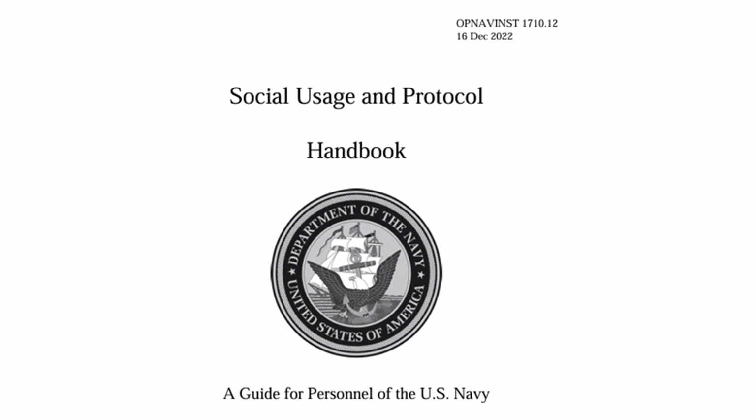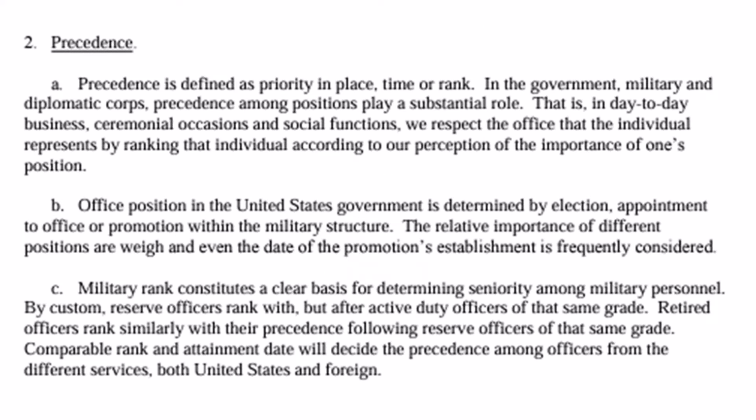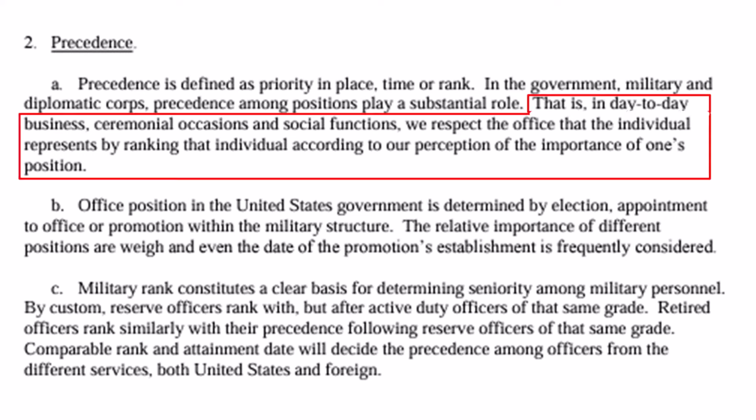Now, like I said, this guide is really useful, and one of the nice things it does is it talks about the rationale behind these precedences. And one of the key points here is that in day-to-day business and ceremonial occasions, it is the office that we pay respect to by ranking the individual according to our perceived importance of that position.